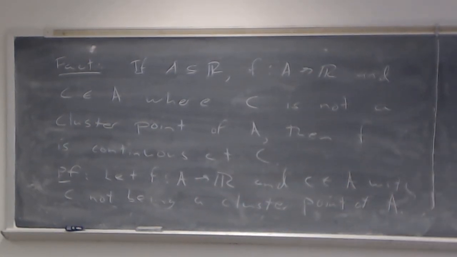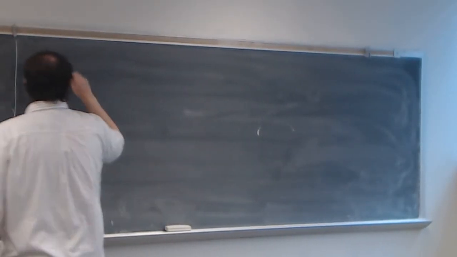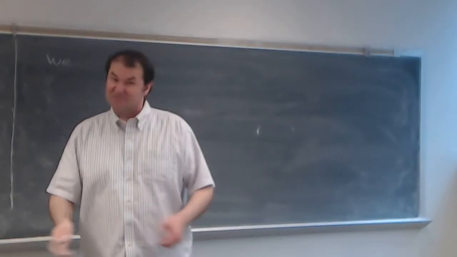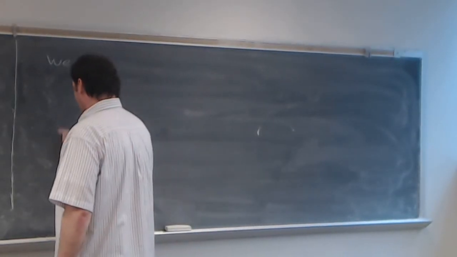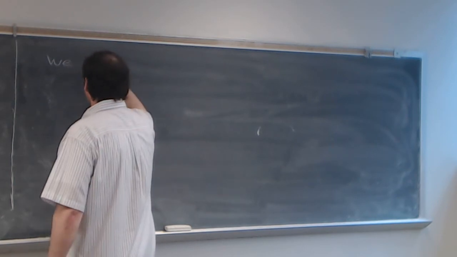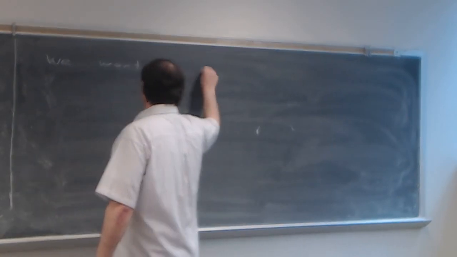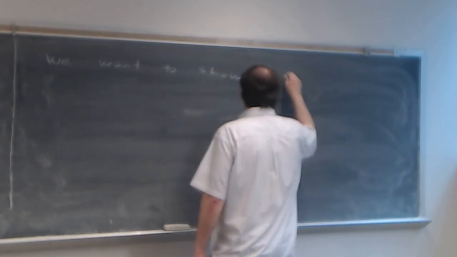We want to show that F is, what's our goal? Show it's continuous at C. I'll write that down. Does A have to be a subset of R? Yes. I didn't write that down. I'm just kind of assuming. That's right. To be careful, I should have said it. We want to show that F is continuous at C.